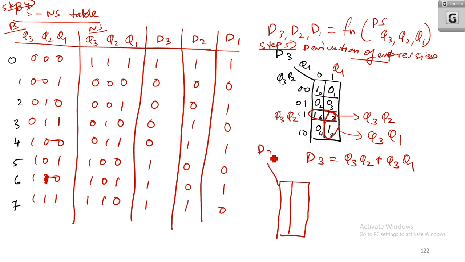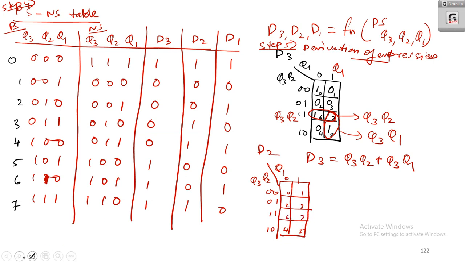Here I have Q3, Q2, and this is Q1, with columns 00, 01, 11, 10, and cells numbered 0 to 7.